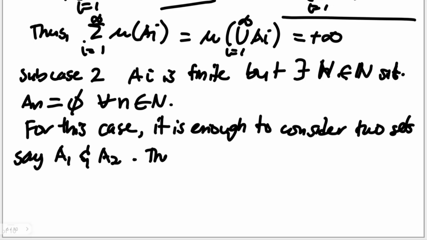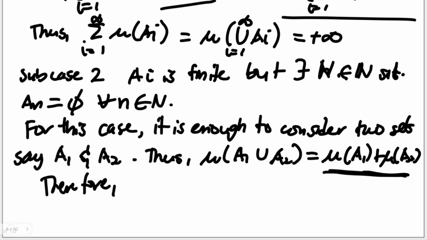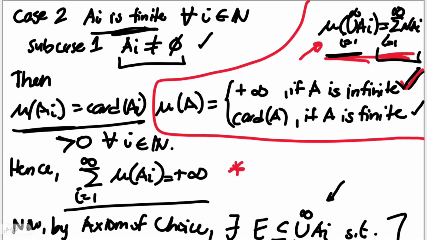Thus, we know that the mu of A sub 1 union A sub 2 can be represented as mu of A sub 1 plus mu of A sub 2. Therefore, this is an expanded form of the summation of mu of A sub I, where I goes from 1 to 2, which could work for all.